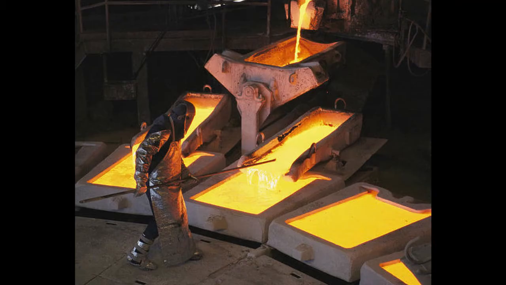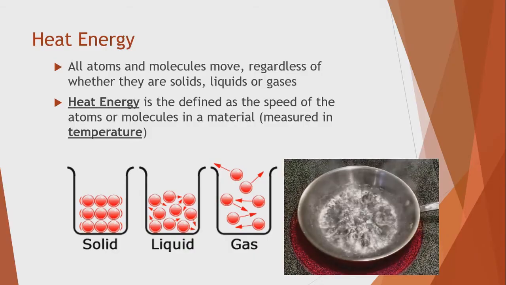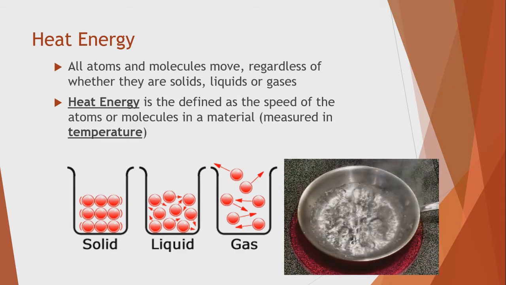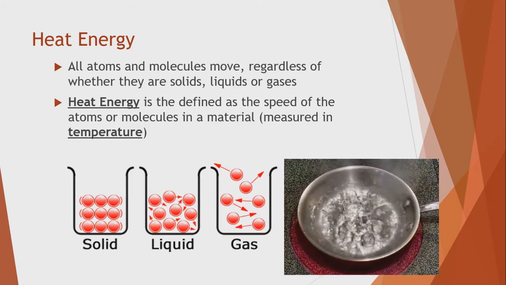So when the atoms break apart, they have enough energy that they can move around and flow. That is what a liquid is. And if we add even more and more heat to it, eventually they will break apart even more, and that's what we call a gas. So basically, heat energy is sort of defined as the speed of atoms or molecules in a material, and this is the chaotic random motion of these atoms and molecules.